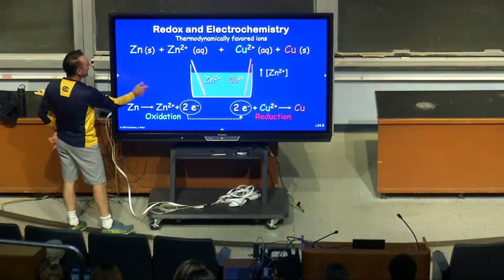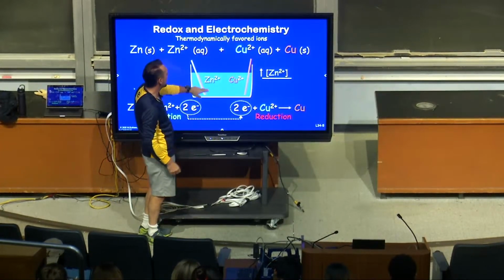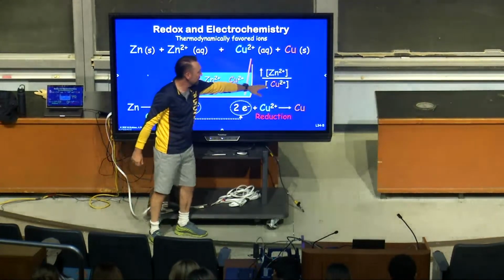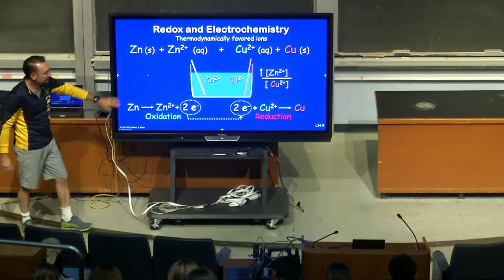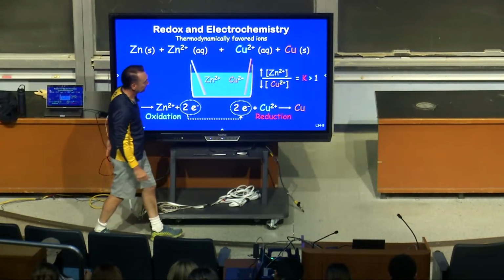So you could keep track of the concentration. If you did this, you'd notice the concentration of the zinc ions go up. Zinc ions are formed spontaneously. The concentration of the copper ions go down because the metal forms spontaneously. And that's the favored direction.